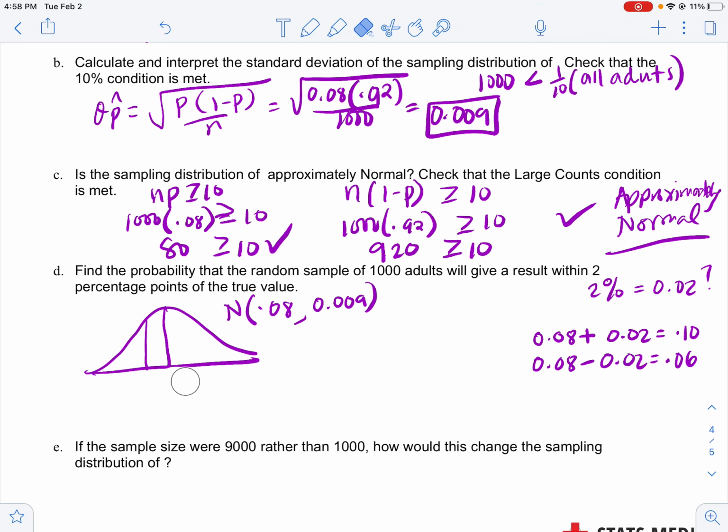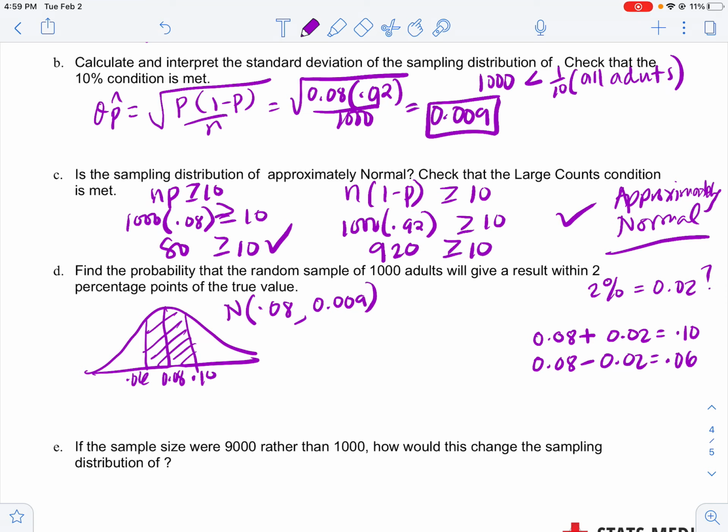I'll just make it bigger so that I can see it. We're getting the between part, and it's really easy if we use the calculator for this.